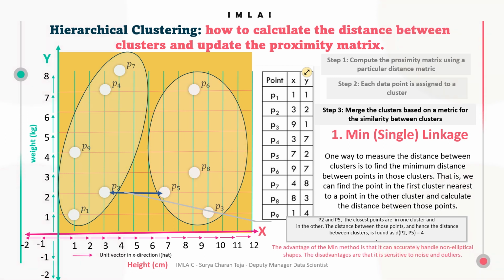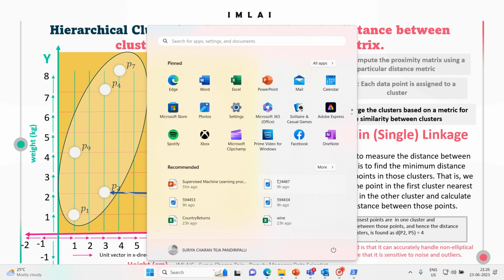The advantage of the min method is that it can accurately handle non-elliptical shapes. The disadvantages are that it is sensitive to noise and outliers. Anyway, let's explore the first approach to merge the clusters using a min or single linkage metric for the similarity between the clusters.